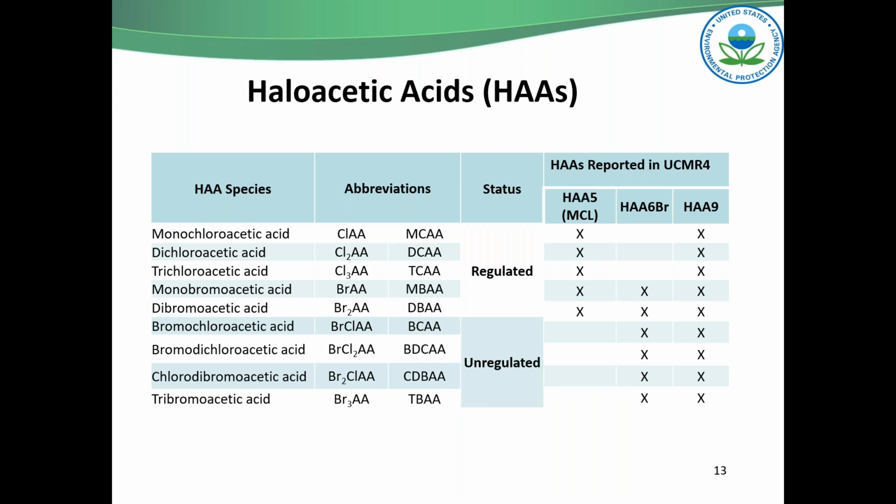Those are the groupings that were required to be reported under the UCMR4. So we're getting a sense of what these different groups are, and you can do different types of arithmetic to understand relative contributions of the unregulated versus the regulated.